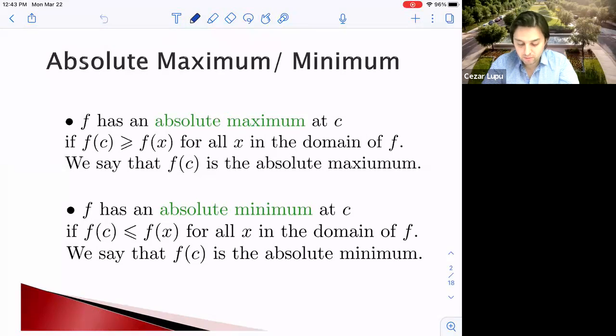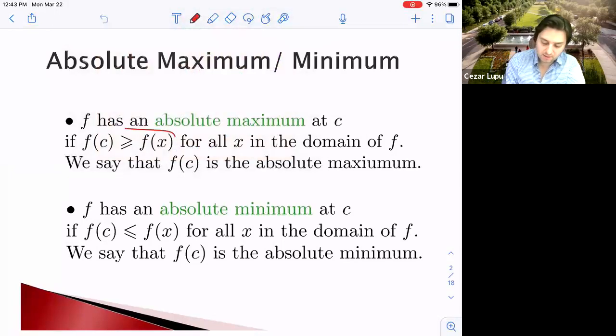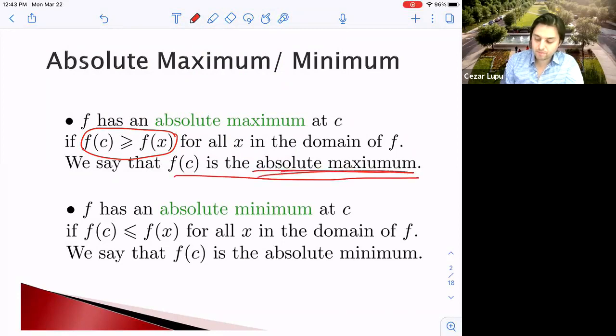That's the absolute maximum. Imagine that f of C dominates f of x. That's how you're going to remember this. So we say that in this case, f of C is the absolute maximum.